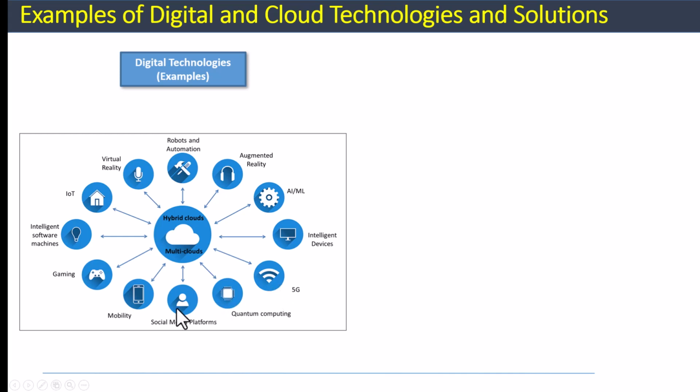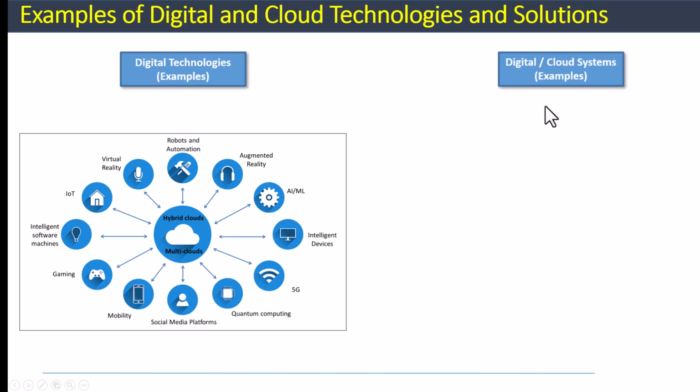Quantum computing, social media platforms, mobility, gaming, software machines, IoT, virtual reality. These are all examples of different technologies that a solutions architect usually works on. Each solution may have one or more of these technologies depending on the project. And again, the common platform in all of these is the cloud.